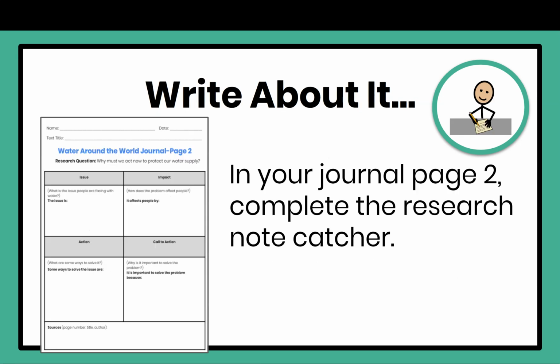Now let's record what you've talked about. In your journal on page 2, complete the research note catcher. On it, you will notice that the questions are what you just talked about. What is the issue people are facing with water? How does the problem affect people? And then you will notice you will be asked questions about the solution.